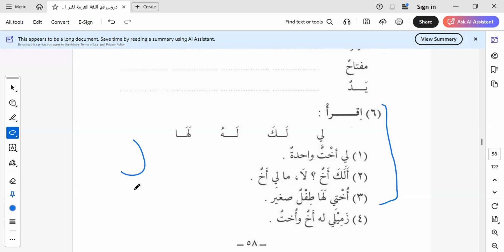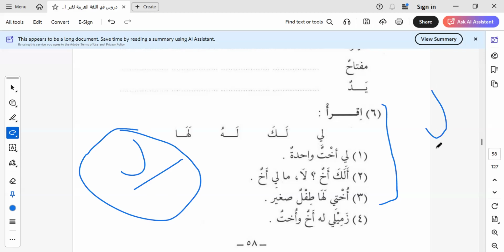When you have the lam li, it's usually with a kasra. If you are using it with a pronoun or a noun, you say for. It means for. Whose book is this? The book is for Habiba. لحبيبة. لآمنة.